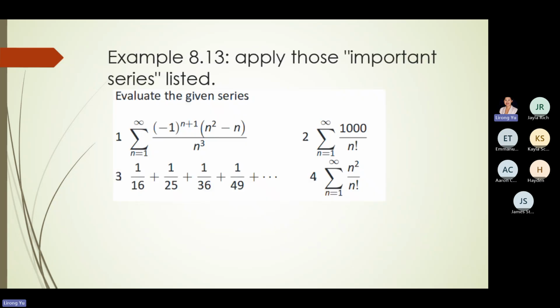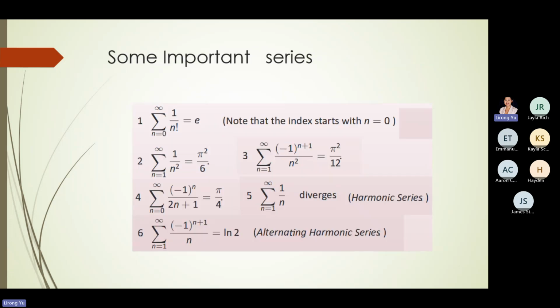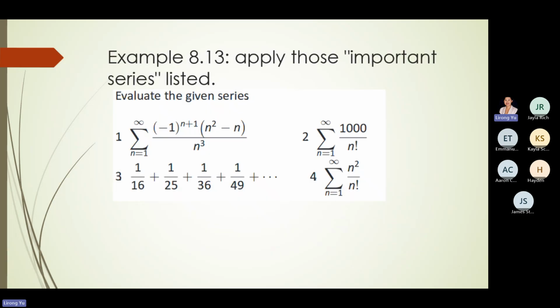And number 2 is related to the special series number 1, because you can pull the 1,000 out of it and that will be the e, right? So for number 2 and number 3, you can apply the special series quickly and have it derived.